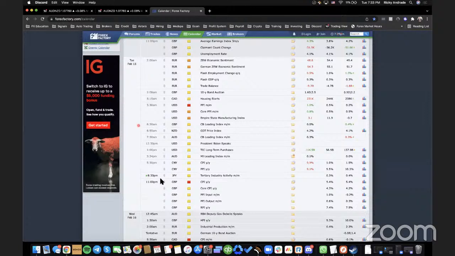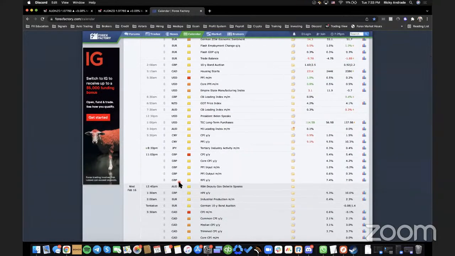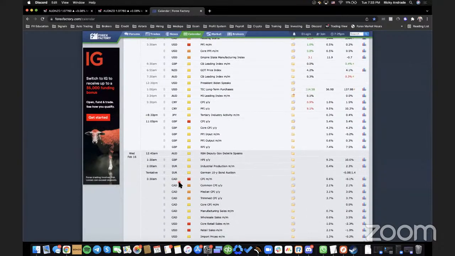Okay, so we have GBP news at 11 p.m. And tomorrow is actually going to be very interesting, being that it's Wednesday, which, if you know anything about the Russia and Ukraine invasion, basically Russia said that tomorrow was going to be the attack, or the invasion. And I don't know what's going to happen.